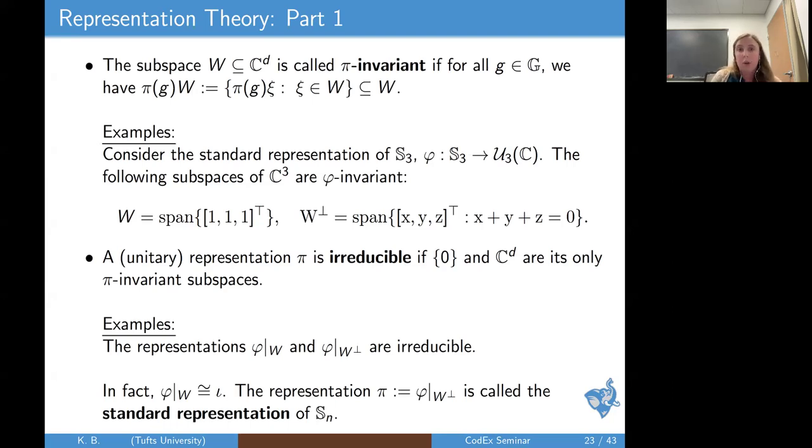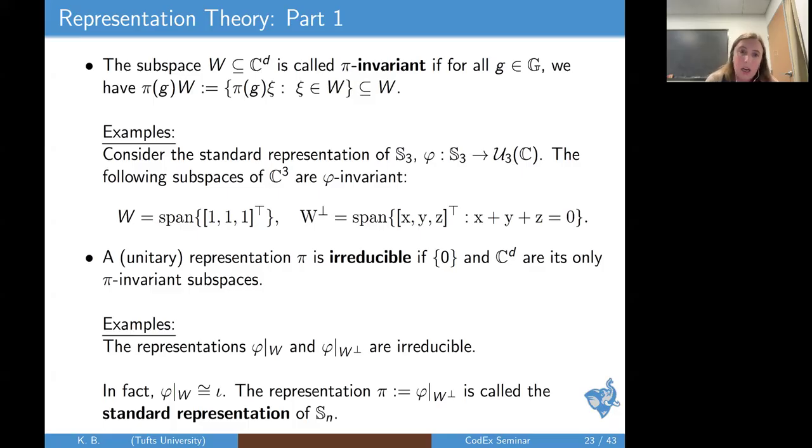For example, if we take the permutation representation of S3 that we've been working with and restrict it to our pi invariant space W, or to the orthogonal complement of W, then we get two representations that are irreducible. So the only pi invariant subspaces of those are the set with 0 and the whole space itself. And this is going to lead us into a nice decomposition of our permutation representation in a second.